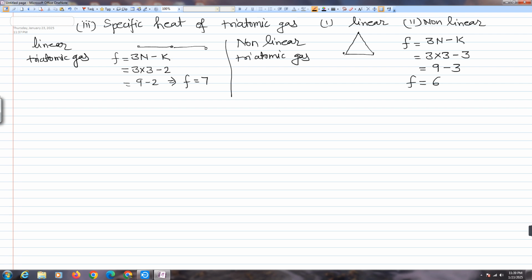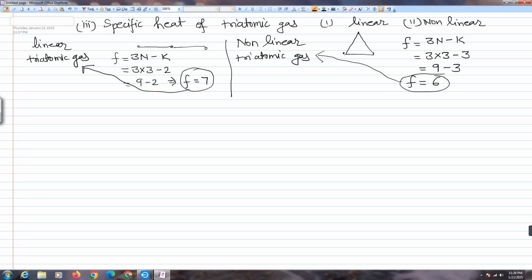Okay, so in the case of linear triatomic gases the degrees of freedom are 7, and in non-linear triatomic gases the degrees of freedom are 6. So 6 is for which? For non-linear, and 7 is for which? For linear. Please keep it in your mind.